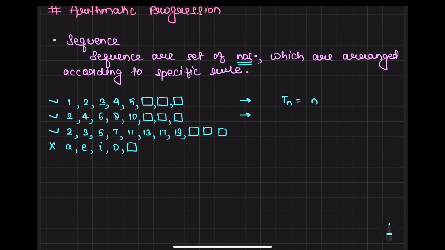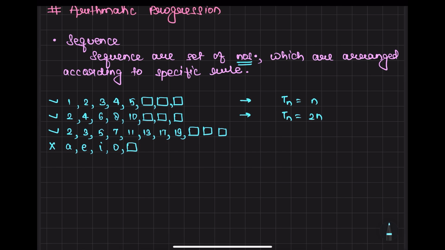Now you know that this is a sequence. Can you write down the formula for the nth term? Yes, the first term is 2, second term is 4, third term is 6. So it is 2n. You know that this is a sequence, but you cannot find the formula for the nth term, because in prime numbers no certain logic is applied.